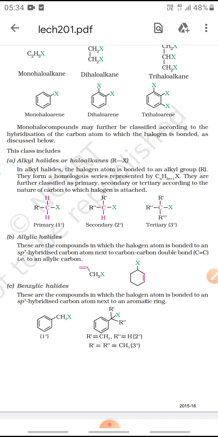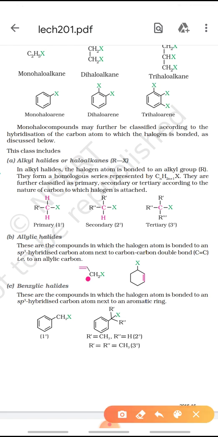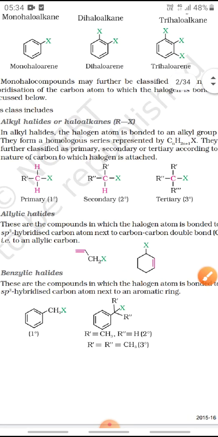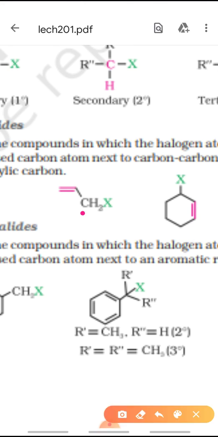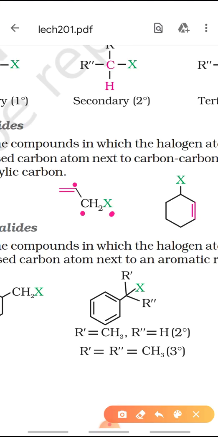Now next is allylic halides. What are allylic halides? Allylic halides are those in which the carbon containing the halogen is further attached to that carbon which is having a double bond. Here you all can see the carbon which is containing the halogen is connected to that carbon which is having a double bond.